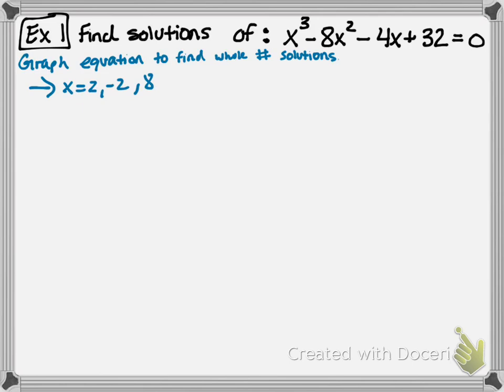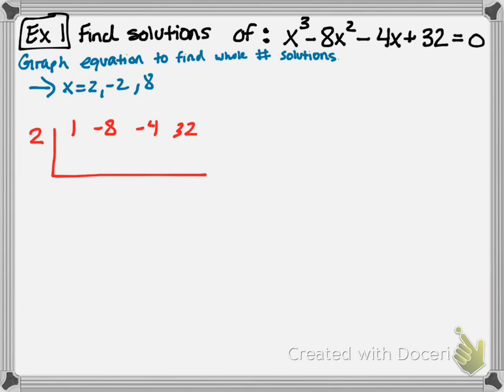So to do that, we have x equals 2 as one of our solutions. If we're going to prove it using synthetic division, we write our 2 outside and we draw our box. And we have 1, negative 8, negative 4, and then 32.